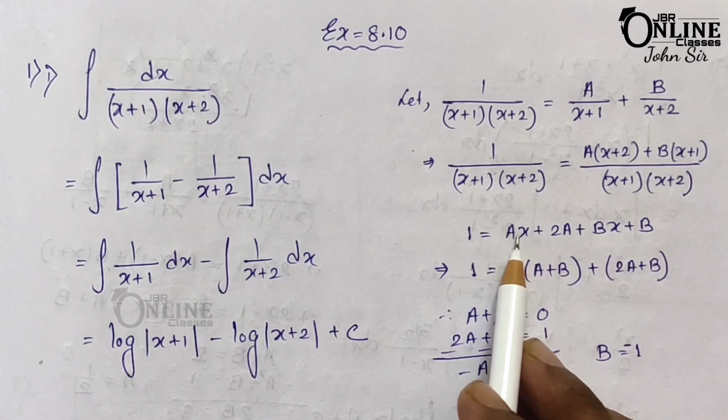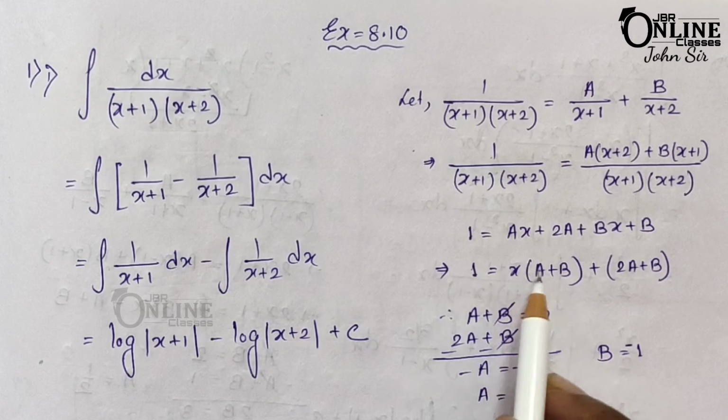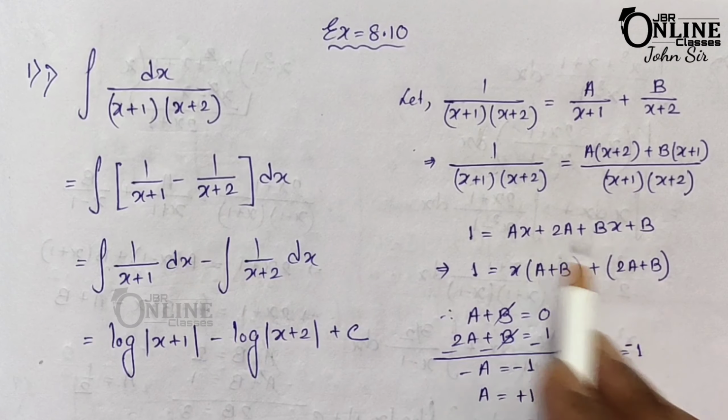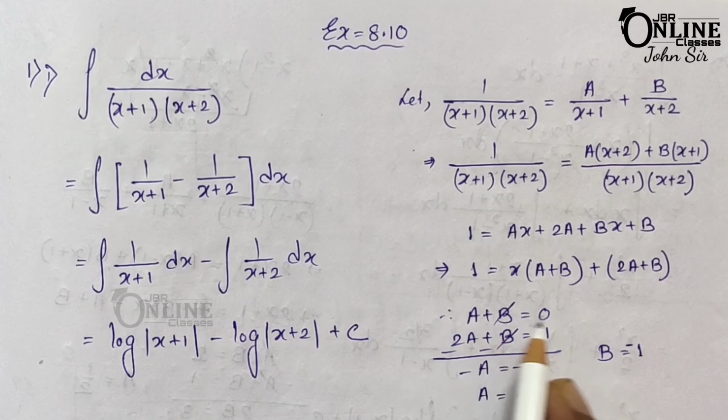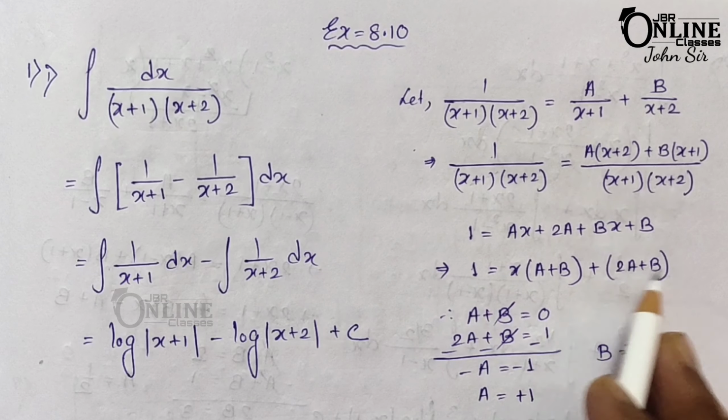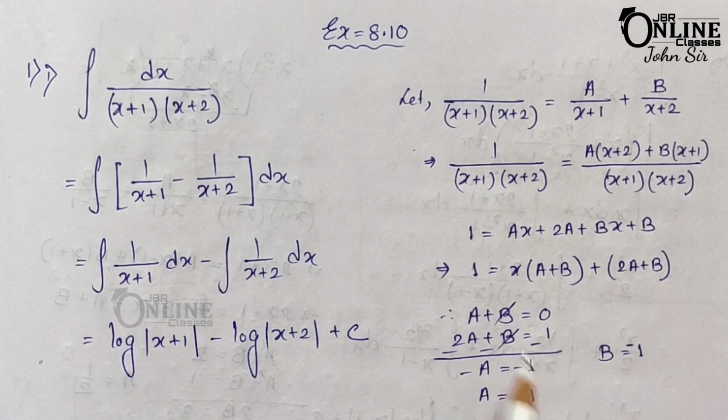Now here we have Ax and Bx, so x will be common and it becomes (A plus B), and the constant is 2A plus B. Now by comparing both sides, A plus B equal to 0 and 2A plus B equal to 1. From that, A equal to 1 and B equal to minus 1.